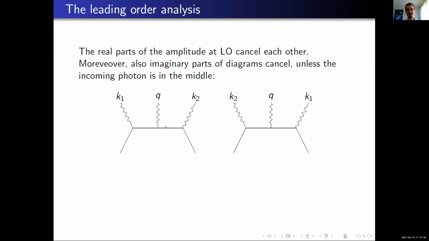That is because of the positions of poles of propagators of these two quark lines, because whether it lies in the upper or the lower half of the complex plane depends on whether the leftmost and the rightmost photons are ingoing or outgoing.